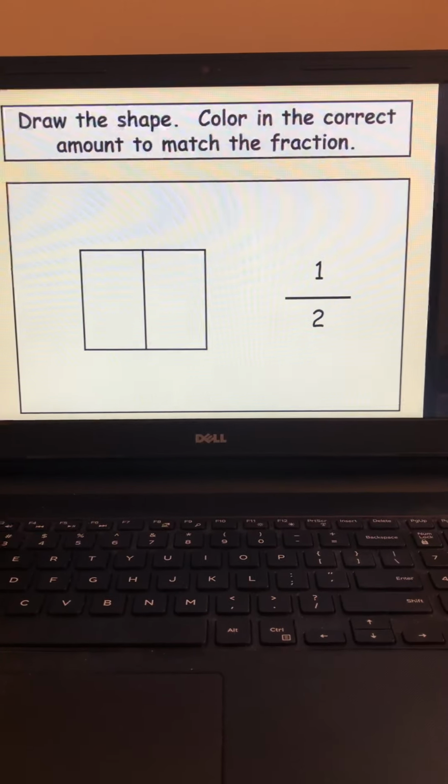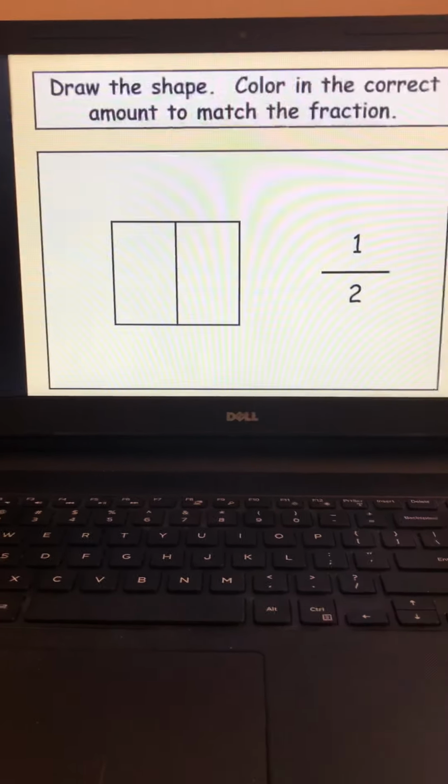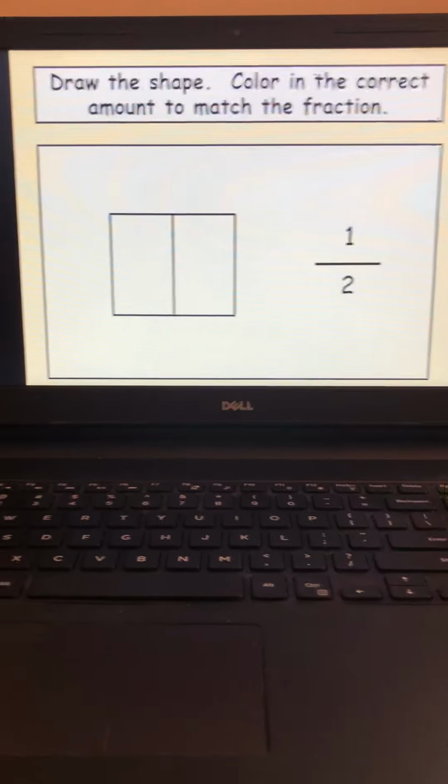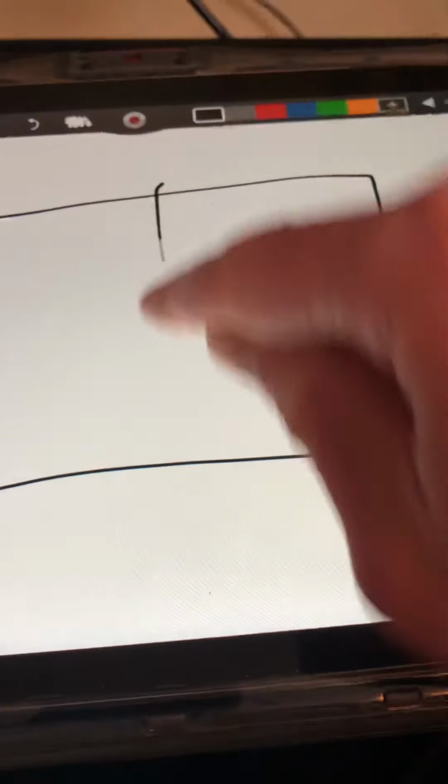Draw the shape. Color in the correct amount to match each fraction. So we're going to go ahead and draw what they have in the picture there. It's a rectangle with a line down the middle.